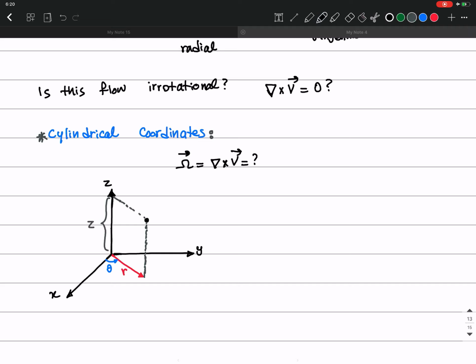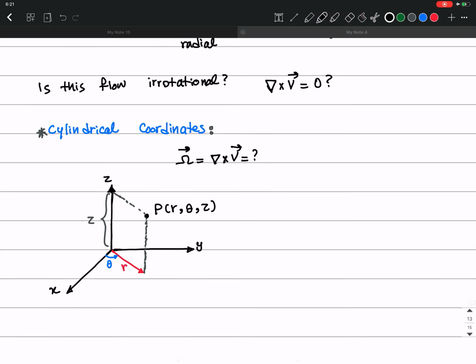Okay, so this point, we show it with these three components in the cylindrical, with the radius r, with the angle theta and with the height z. So instead of x, y, z, we just show it in cylindrical coordinates with r, theta, and z.